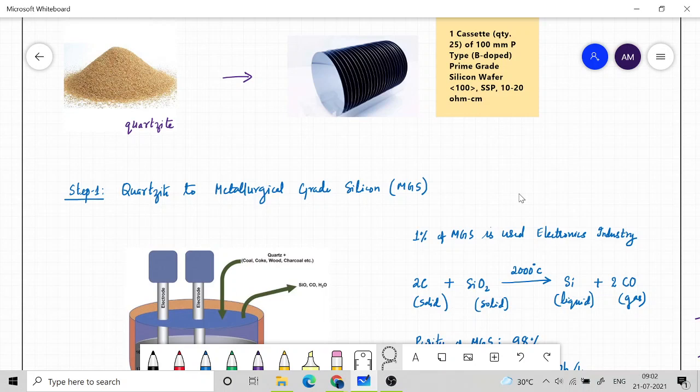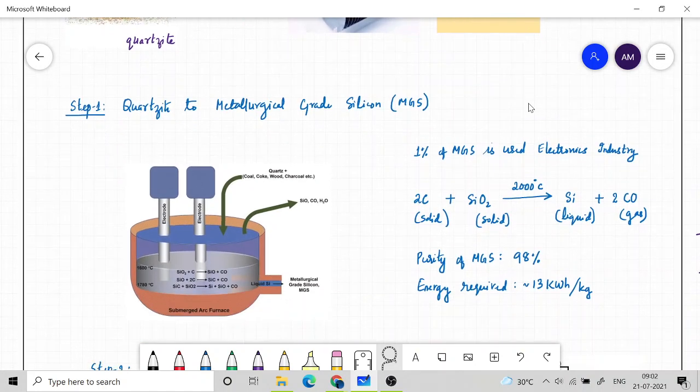The first step is converting this quartzite or sand to what is called metallurgical silicon. The steps involved here: you take the sand particles inside a reactor and then mix them with carbon. Carbon is basically available in all coal. Coal is full of carbon, or coke, or even wood chips.